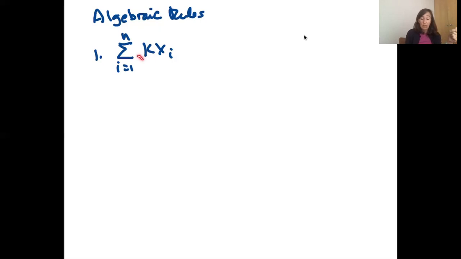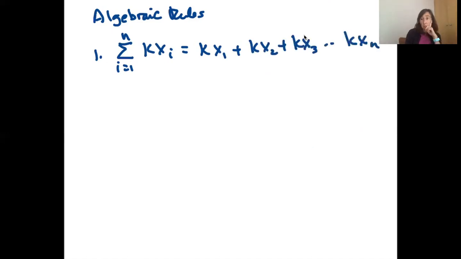But I've got something else here that's not changing. k is just staying the same. There's no k sub i. So what does that equal? Well, it equals k times x1 plus k times x2 plus k times x3. Okay, we get the picture all the way up to k times xn.